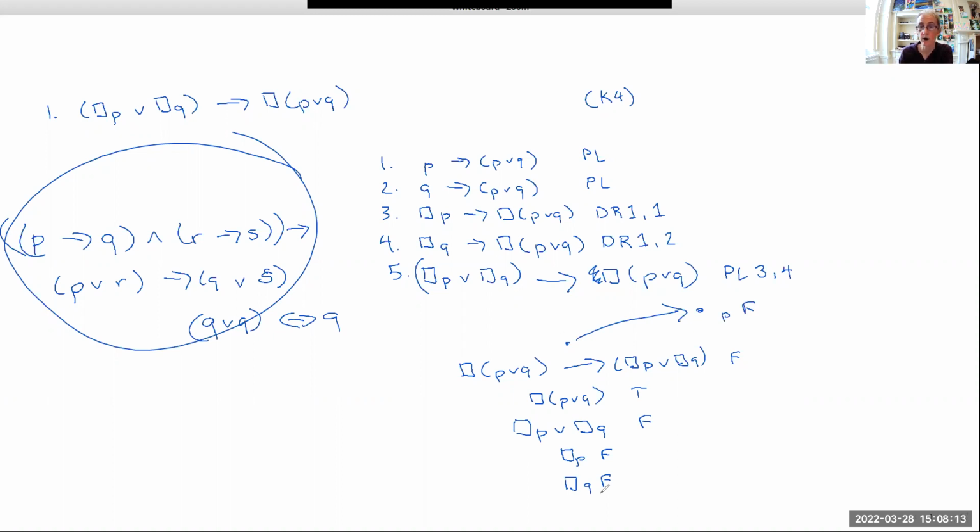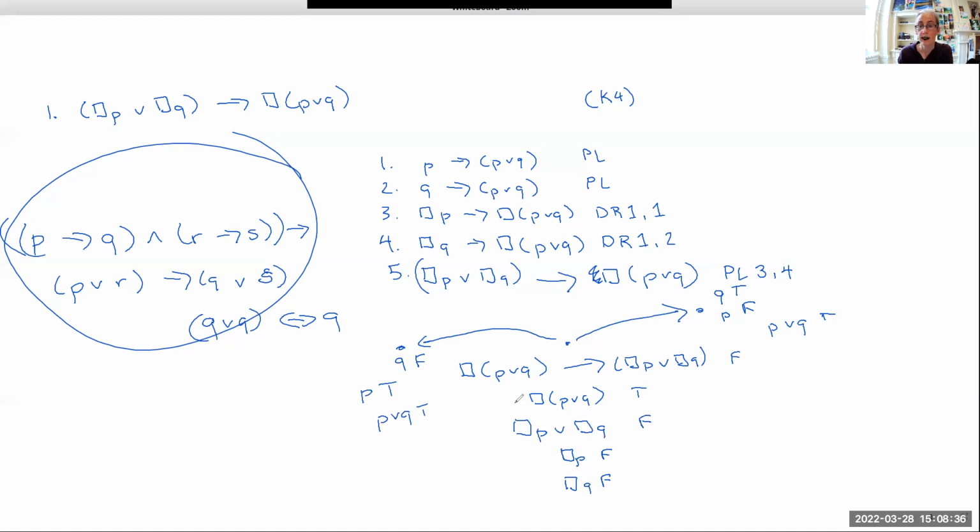For necessary Q to be false, there has to be some world, not necessarily the same one as the first one, where Q is false. Now, if we make Q true at the world where P is false, then we have P or Q. If we make P true at the world where Q is false, then we have P or Q.